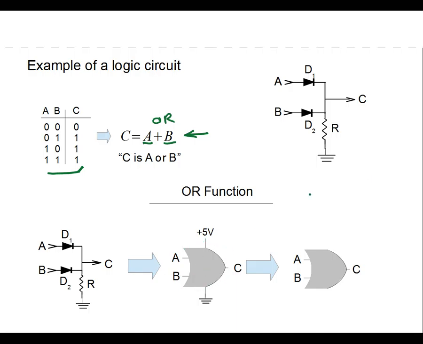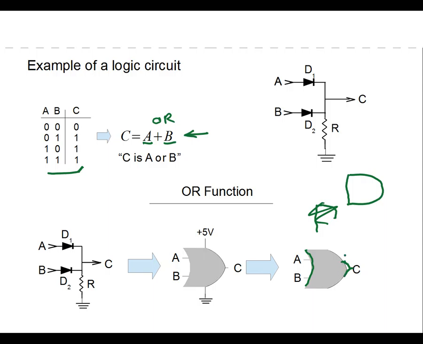Now, let's make sure that we understand something: this symbol for OR has this kind of arching back in it. The symbol for AND had a straight back and a round front on it. This has an arching back, and it has more of a pointed front.